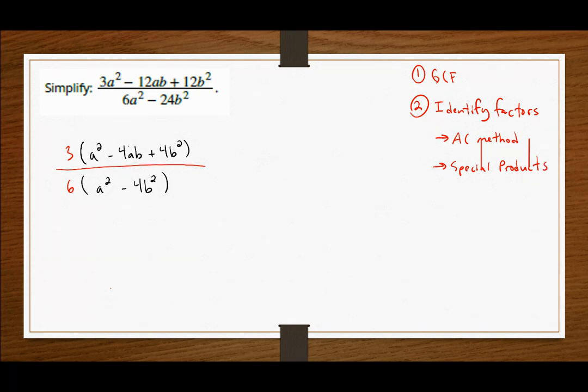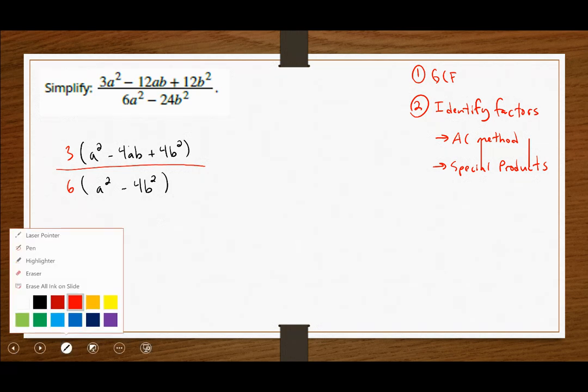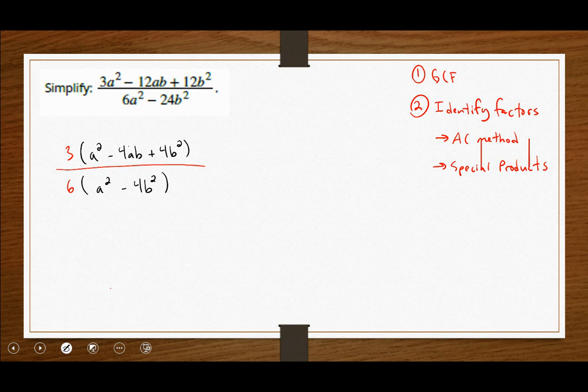In this case, if you look at the numerator, I have something that looks to be in one of these special product forms. It's maybe not obvious, but for our example here, we have something in the form a squared minus 2ab plus b squared, which should factor to give me a minus b squared.